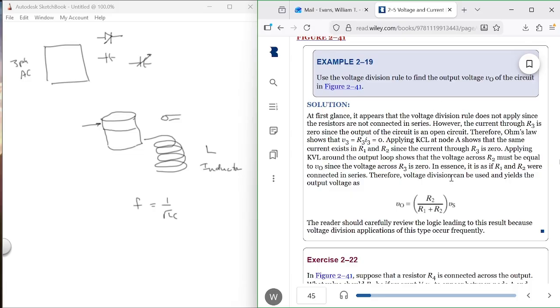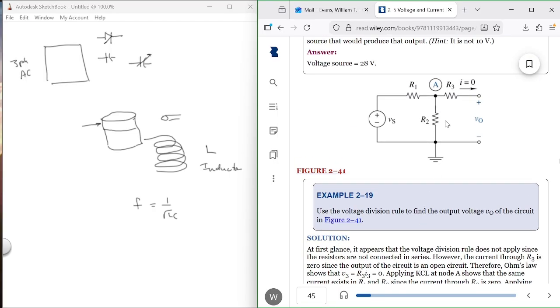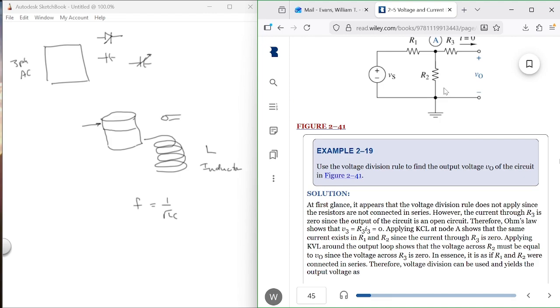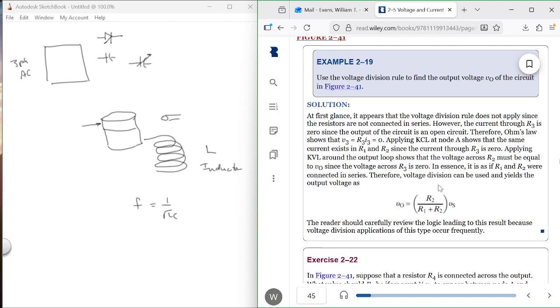So this would be the circuit right here. This is the voltage divider. It's the resistor that you want to see the voltage across divided by the total resistance times the whole thing times the voltage source. Right there is your equation for voltage divider.